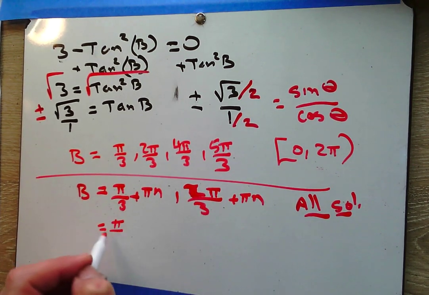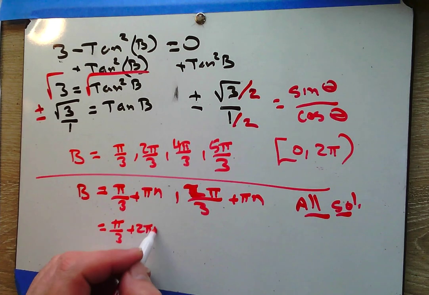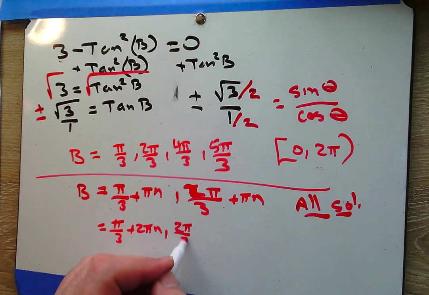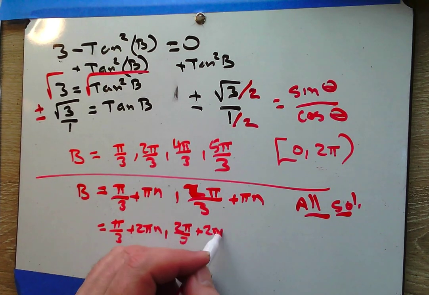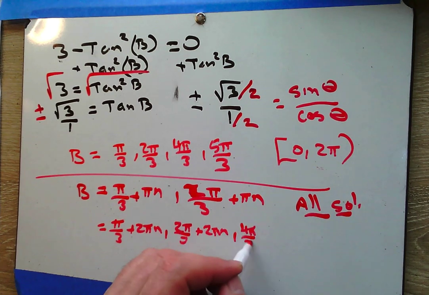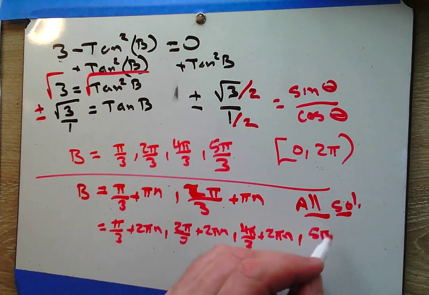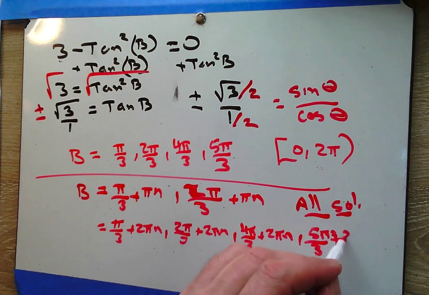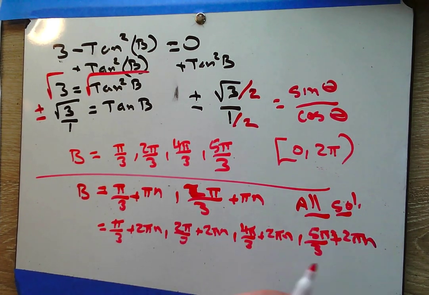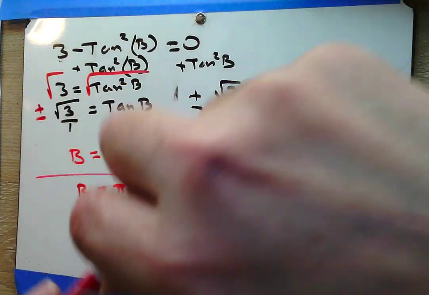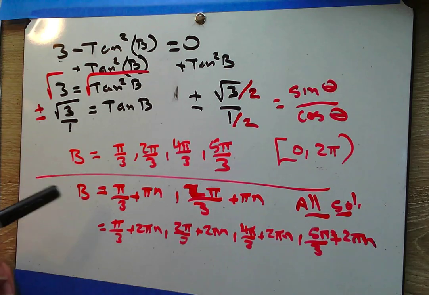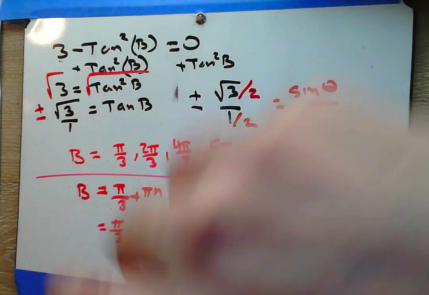Yes, you're welcome to write pi over 3 plus 2 pi n, 2 pi over 3 plus 2 pi n, 4 pi over 3 plus 2 pi n, and 5 pi over 3 plus 2 pi n. Oh, but goodness, that takes a long time. Okay, so we've got our all solutions case, and we have our 0 to 2 pi.